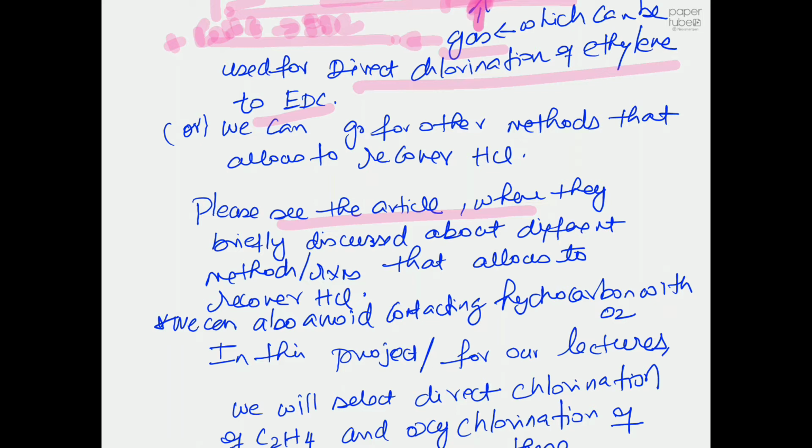At the end of the day, we are going to get only vinyl chloride monomer as the product, so there will be no byproducts, which is something that we need. That's the justification for selecting these three different processes, or, if you want to talk like a chemist, we prefer to select these three chemical reactions, so that allows you to produce our product.